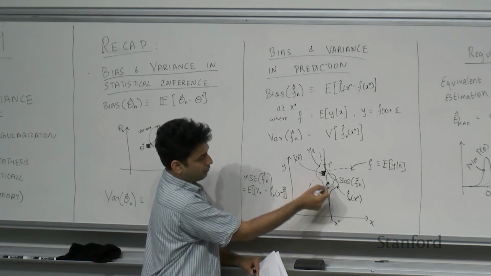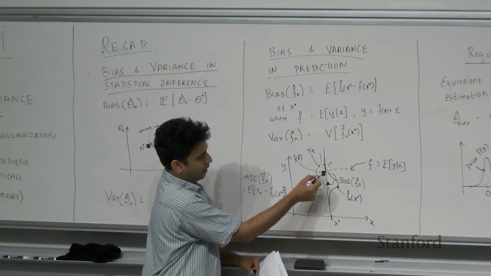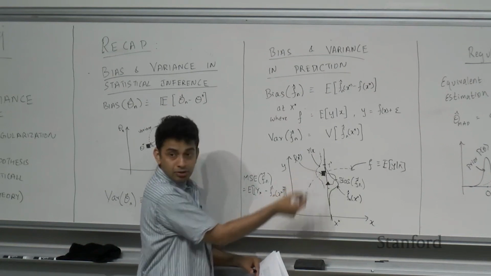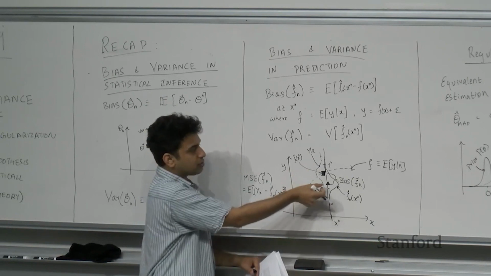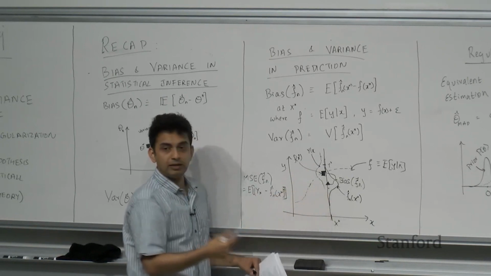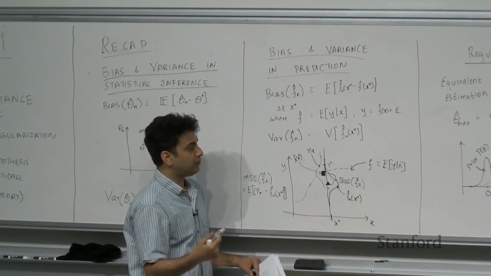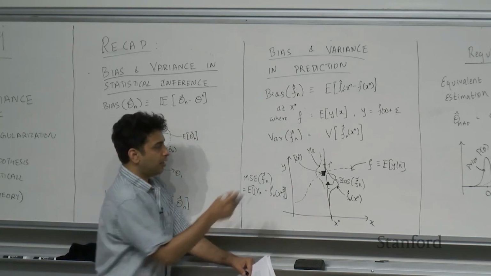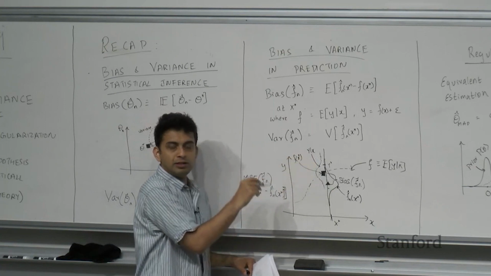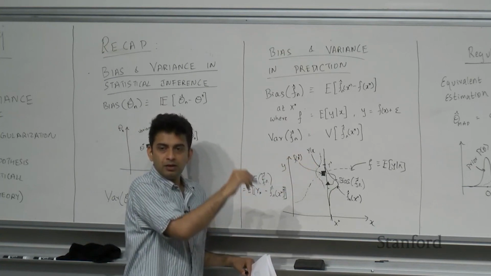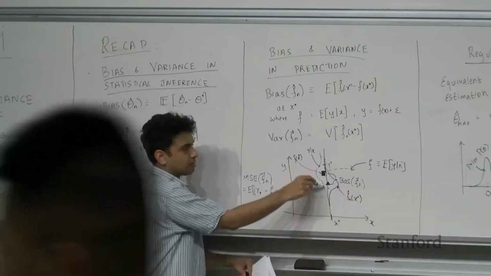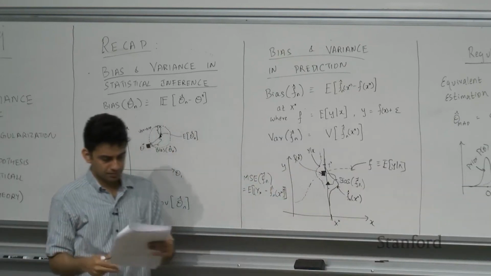That is, between the mean of our f hat n and the true value of f there could still be a bias. And the remaining is the variance. Think of it as the variance being due to the noise in the training data. Right? So there are three parts: irreducible error due to noise in the test data, variance due to noise in the training data, and bias.